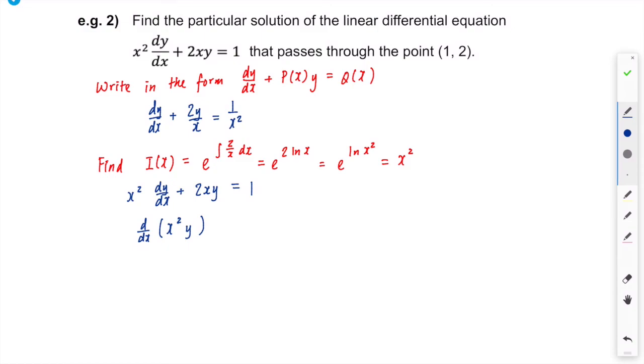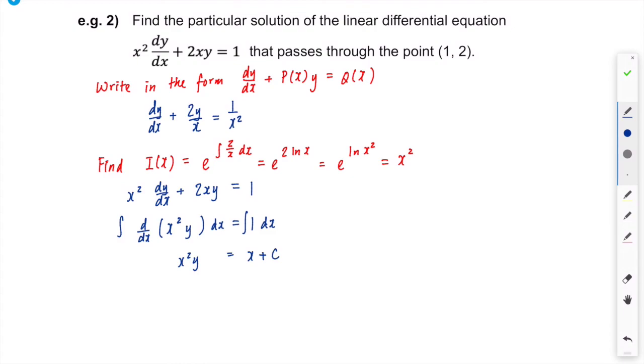Remember, we're seeing it as a product rule, equals 1. We're going to integrate. I'll keep it in blue. Integral dx. Okay, so here we know that we have x squared y equals x plus c.